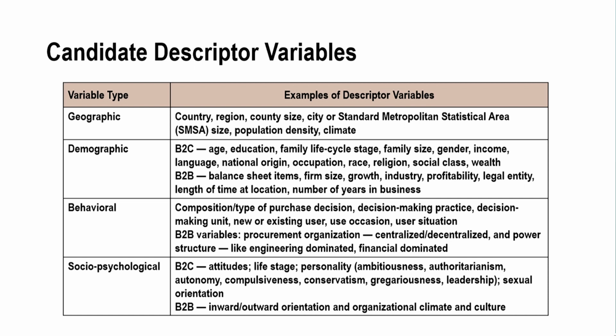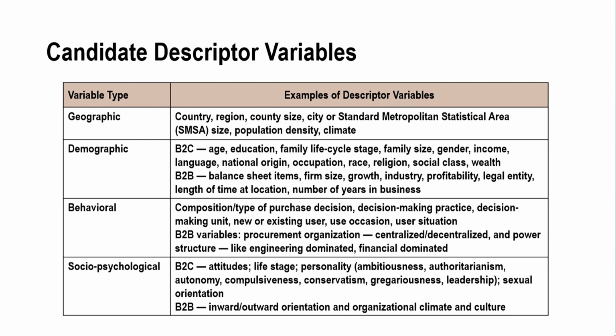Then there could be behavioral descriptor variables. In case of B2B, these are the procurement structure of organizations. This could be centralized versus decentralized procurement structure, or the different kinds of power structures of the decision making unit, like it could be engineering dominated or finance dominated and so on.